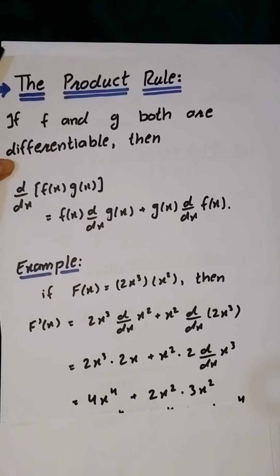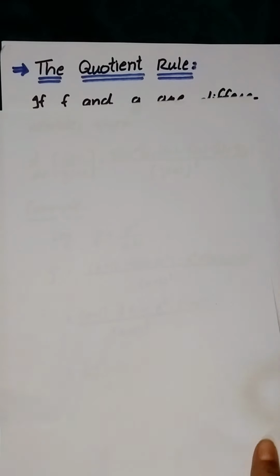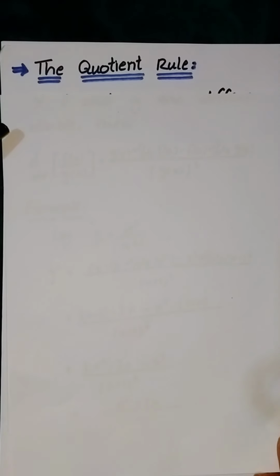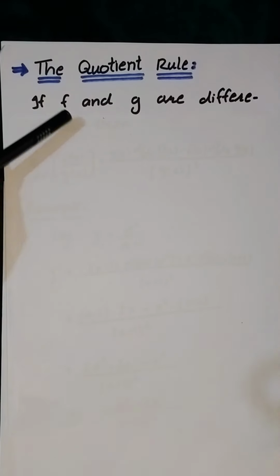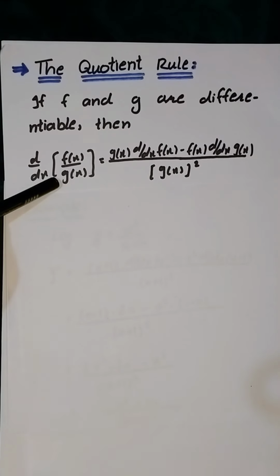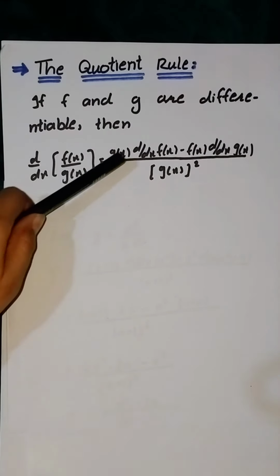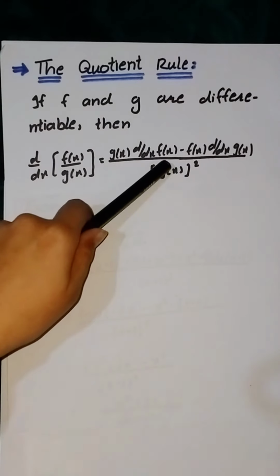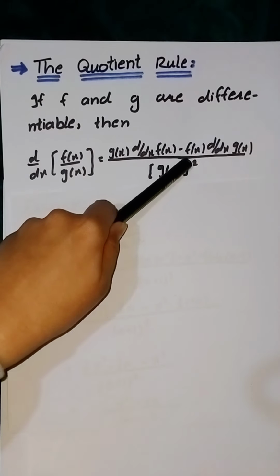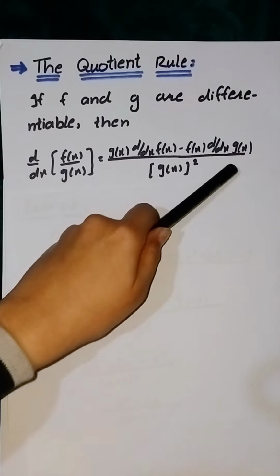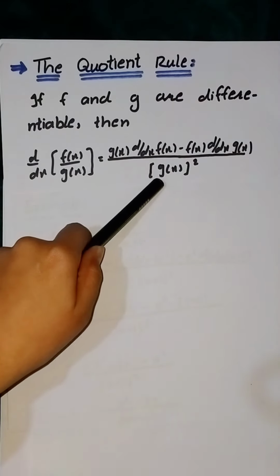The next and the last rule of the derivatives is the quotient rule. It states that if f and g are both differentiable functions, then the derivative of f of x divided by g of x is equal to g of x as it is times the derivative of f of x, minus f of x as it is times the derivative of g of x, whole divided by g of x whole square.